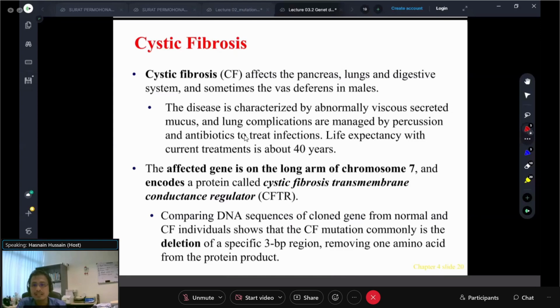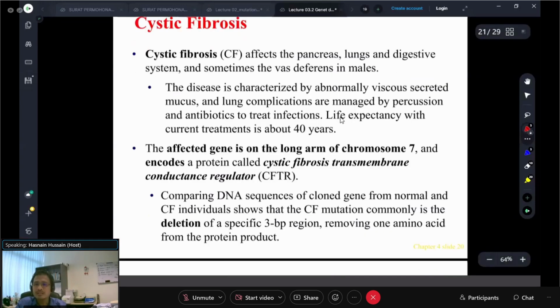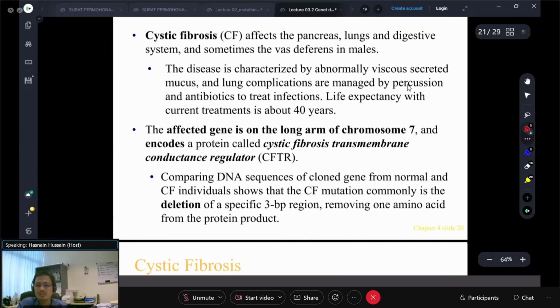That bacteria can live and thrive in the mucus environment. So mucus secretion increases, and lung complications happen, and that is because of the Q arm of chromosome 7 for this protein called cystic fibrosis.